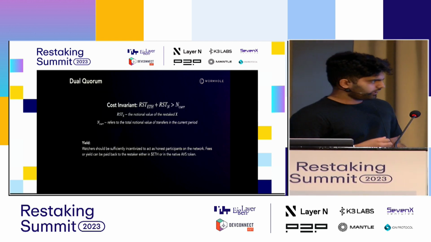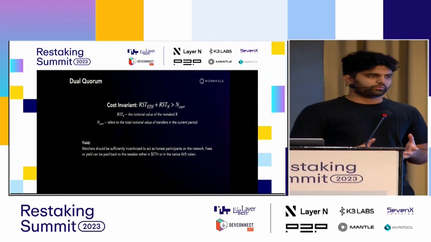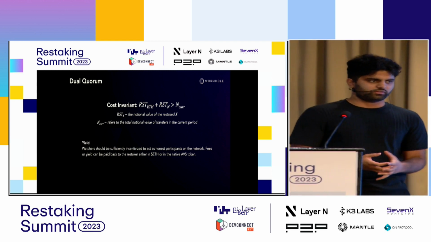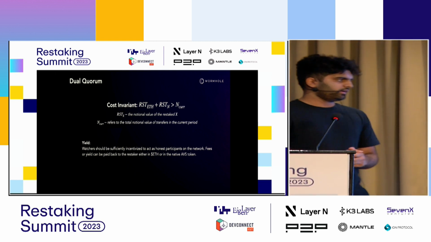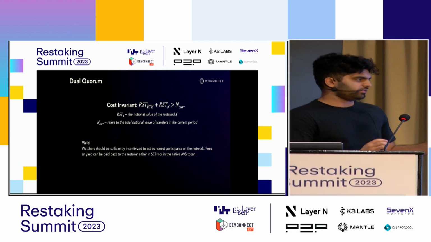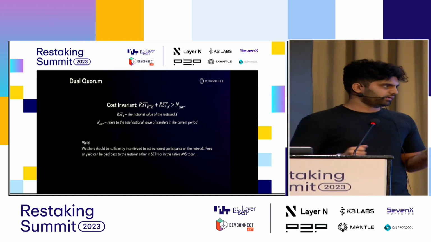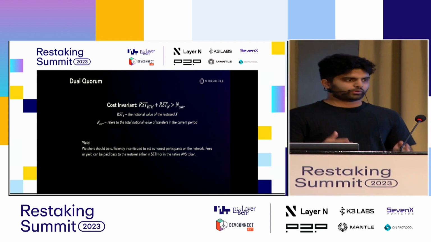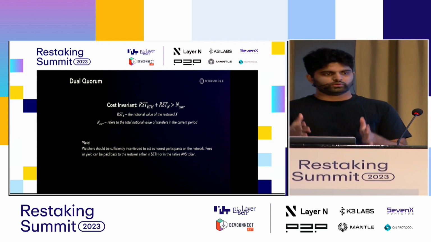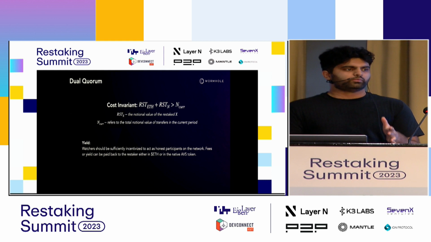Okay, so in the case of Wormhole and the global accountant, what are the invariants or slashing conditions? What is the invariant that has to hold in the system? It's very simple. The restaked ETH plus the restaked native token, whatever that notional value is, has to be greater than the current notional value of tokens being transferred in the protocol at the moment.